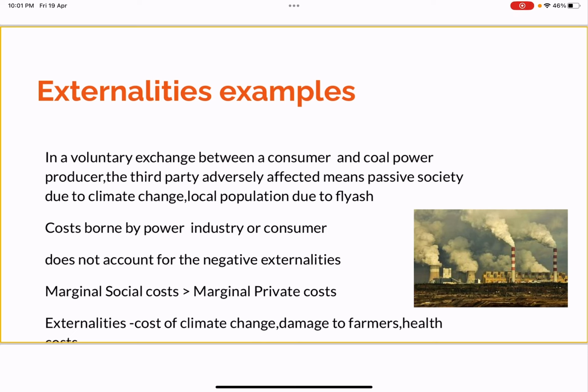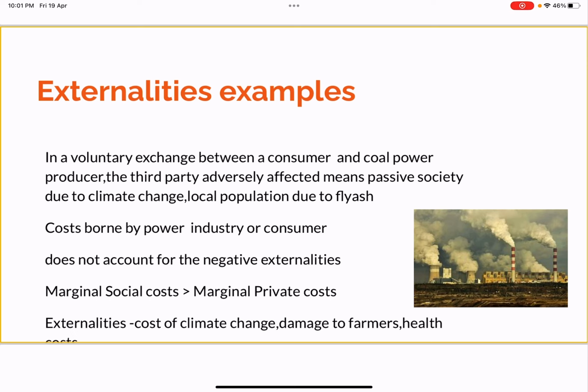So, what is that third party? One can think of the local population, some people living around that power plant, and they might be affected adversely because of the fly ash, because of the smoke which is emitted from the power plant.